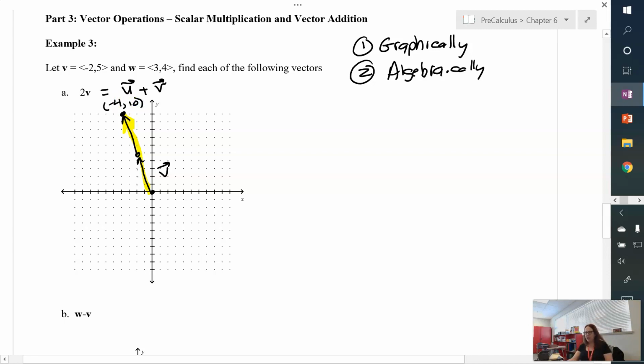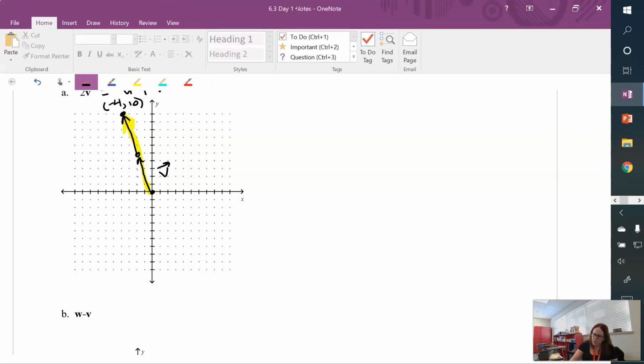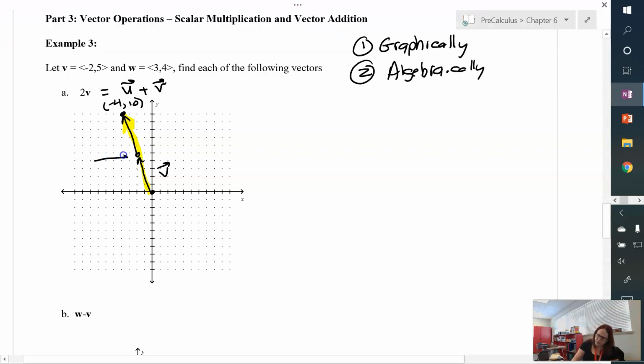And when you add 2 vectors together, you want to line them up tip to tail. So I want you to notice that what I did is I took the tail of my second vector and I put it right where the tip of the first one is. And then wherever you end up, you start at the origin and go to wherever that ending point is, and that's your resultant vector. So tip to tail.